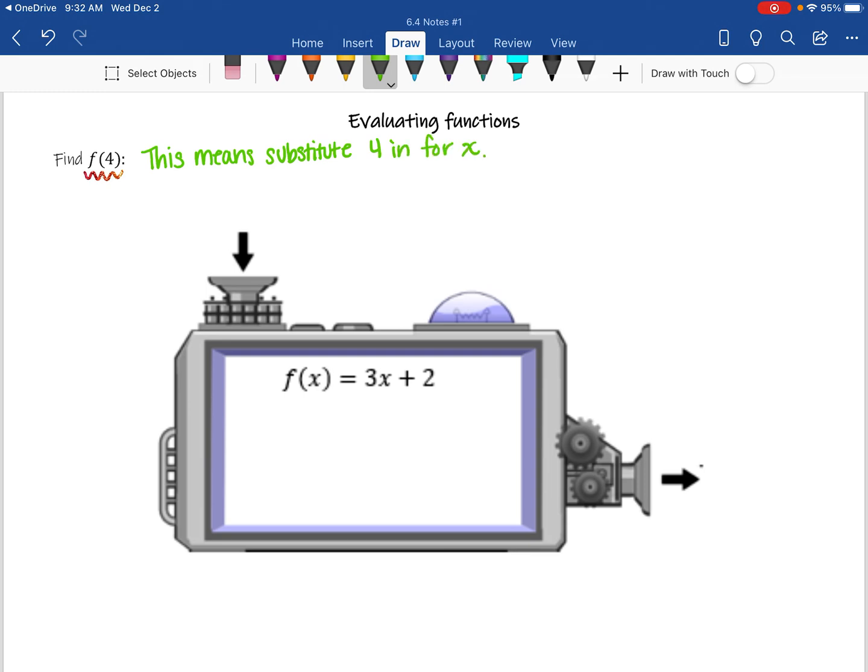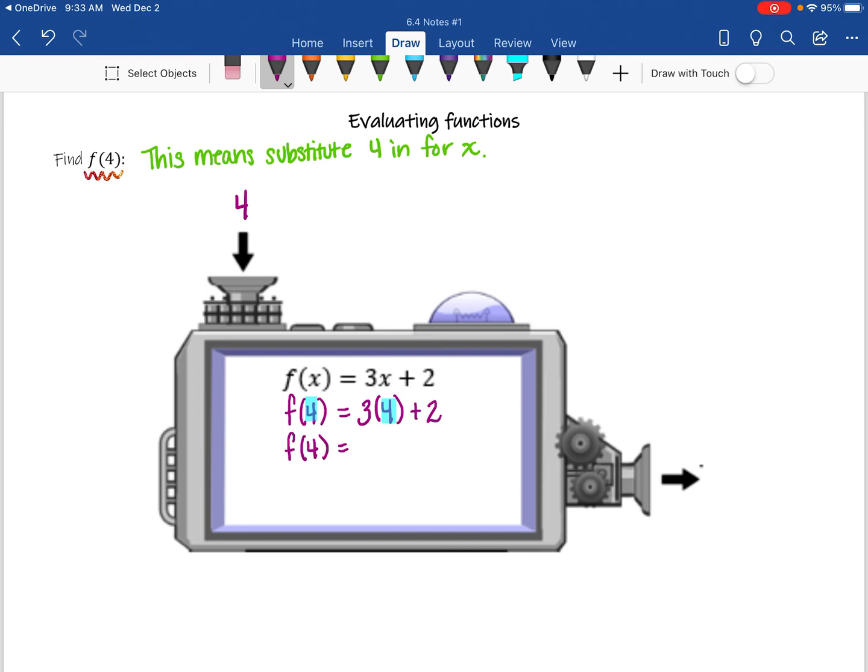Okay, so 4 is actually our input. It's going to go into the machine. And when we find f of 4, that means we're replacing x with 4. And then we're just going to do the math.